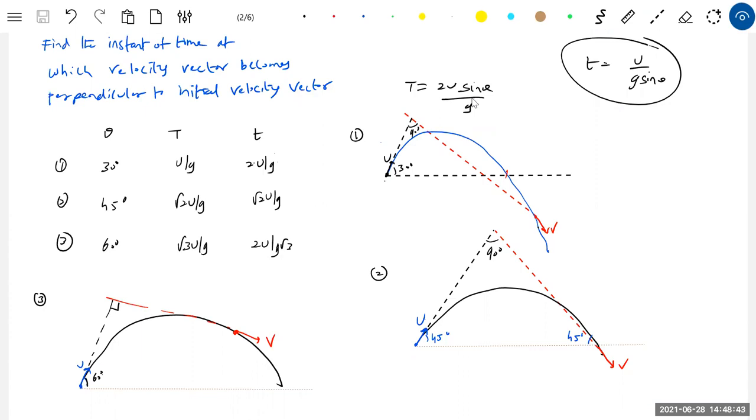The object will be in the parabolic path during that time, in air. From where to where? Till reaching the ground, sir. So when it is here, now it can happen, no? Till here is the time of flight, or from here to here? Till the ground, sir. Okay, fine. So somewhere here the velocity vector can become perpendicular, no? Yes, sir. That was my only doubt, sir. Now I understood, sir. Okay.